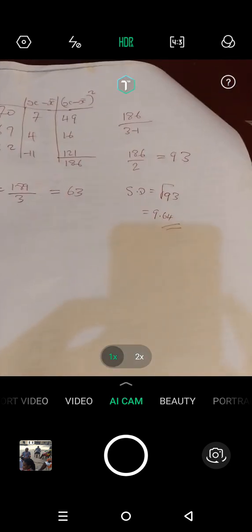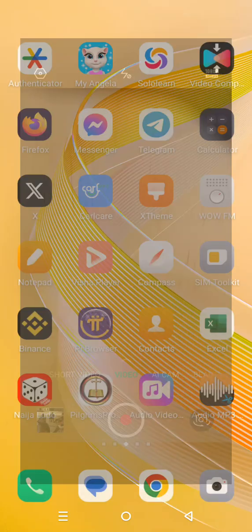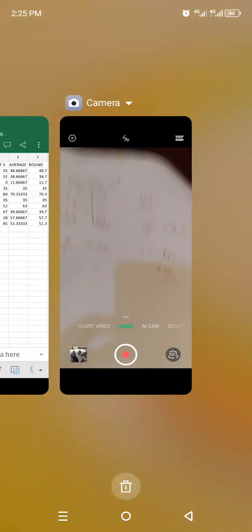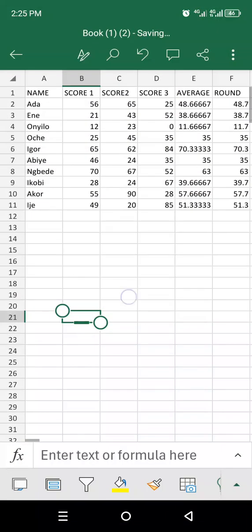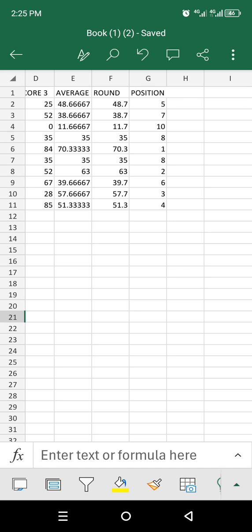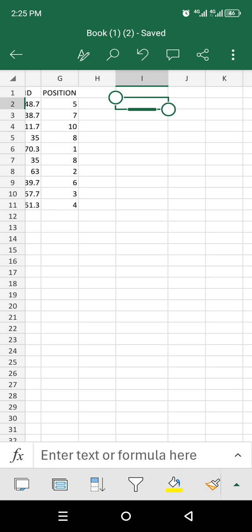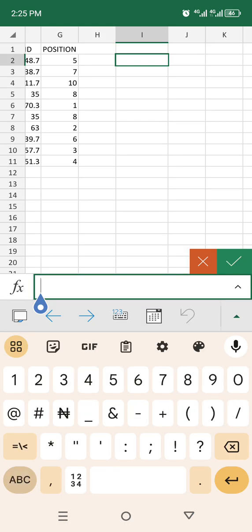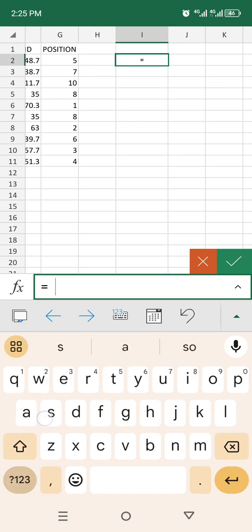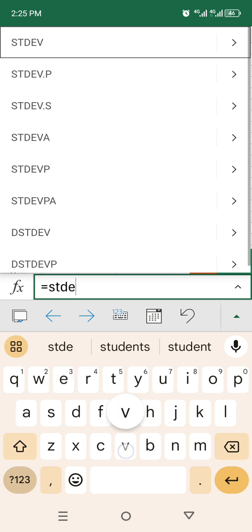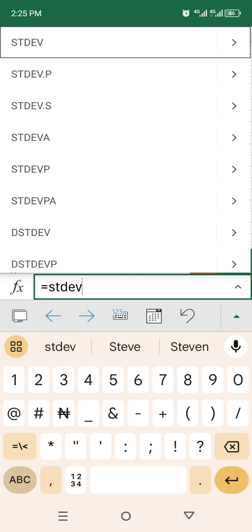Now see all the work we did to get it. But with Excel, it is very simple. Let us go back to our Excel and see. What we do in Excel here is like this. Let us find the standard deviation of all. Just say equal to STDEV. ST stands for standard, DEV is for deviation.